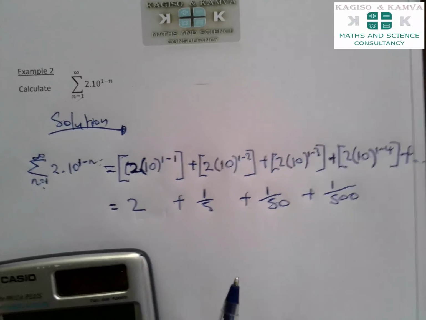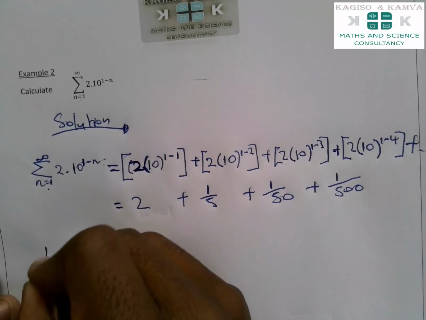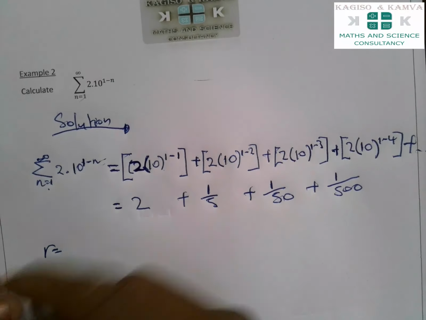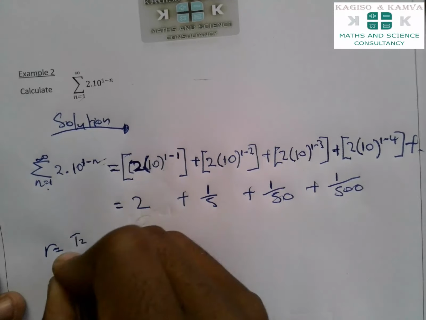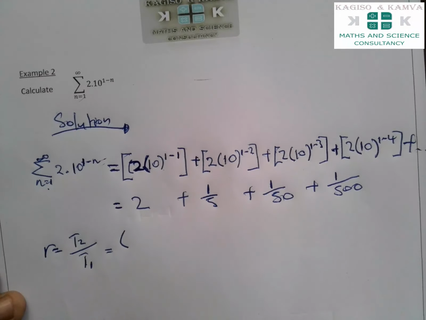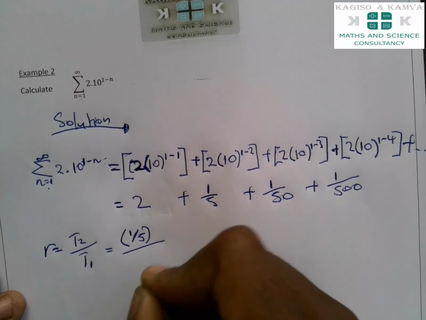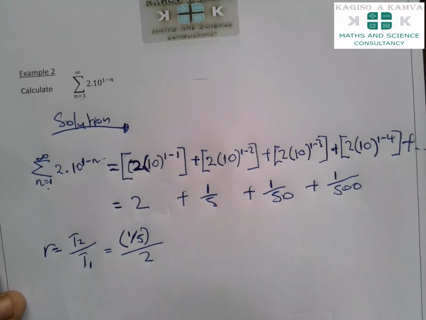So we have to find r. r is equal to t2 over t1, which is 1 over 5 over 2.